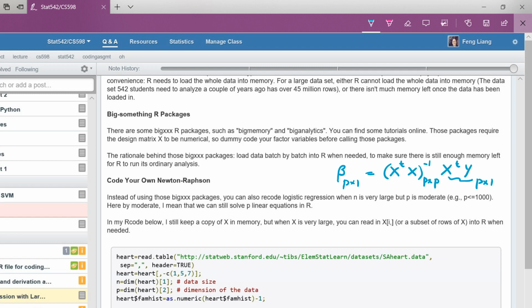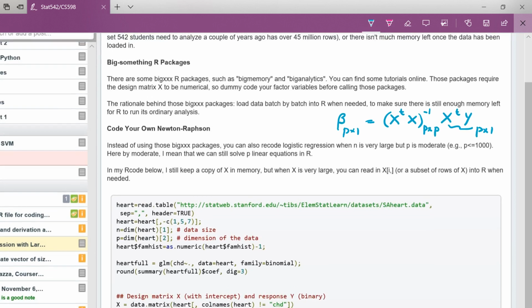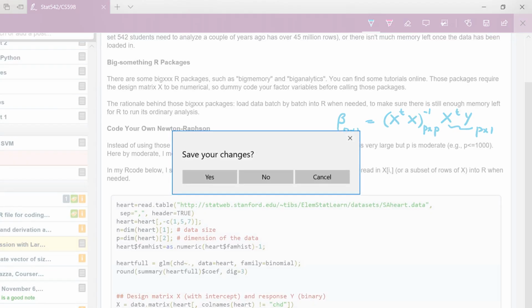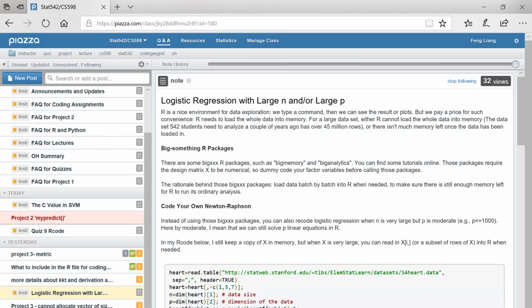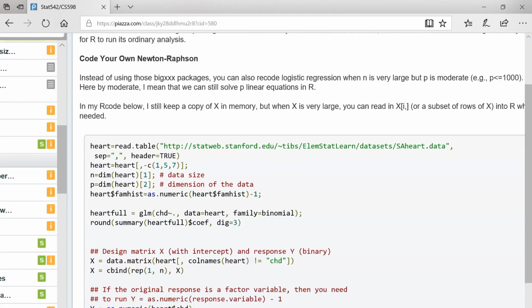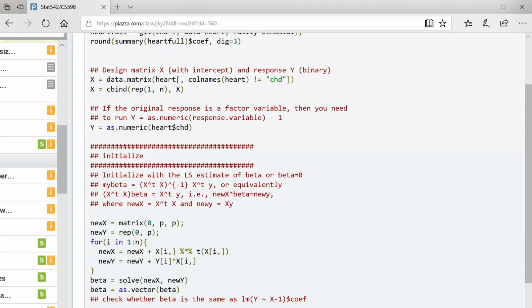Instead of loading all your data X into memory, you can just calculate this P by P matrix X transpose X by reading some data from your file, then dumping it, and reading something again. For example, to calculate X transpose X, you just run through a loop, and every time you add the column vector times its transpose.